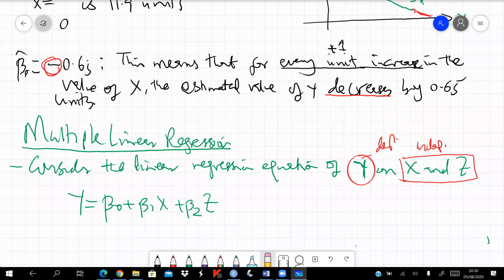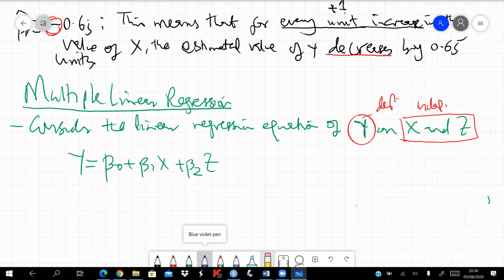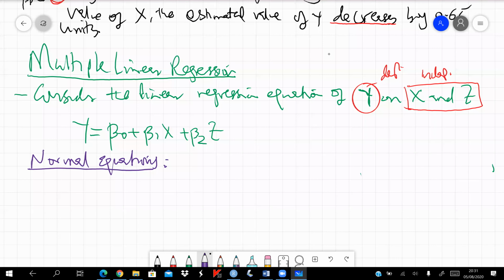So the normal equations corresponding to this equation are as follows. Because we have 3 variables, we shall be having 3 normal equations. If you have 2 variables, you have 2 normal equations. If you have 10 variables, you have 10 normal equations.